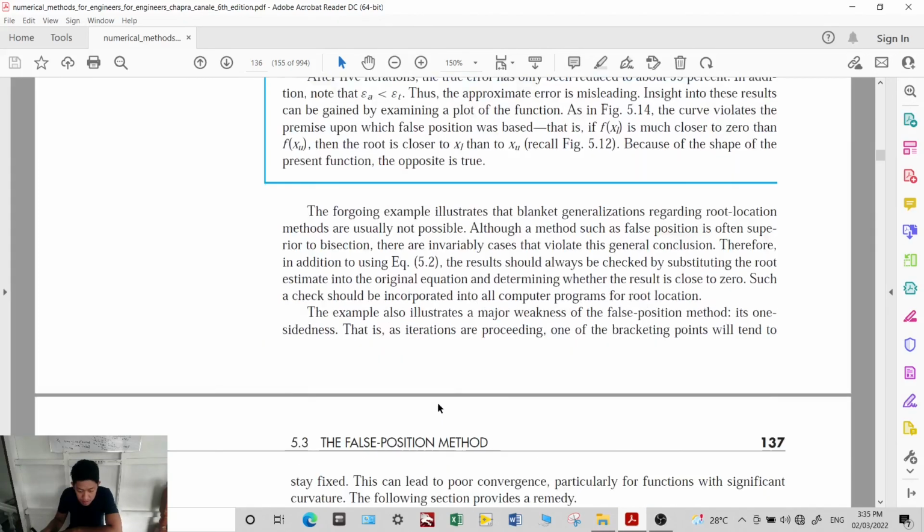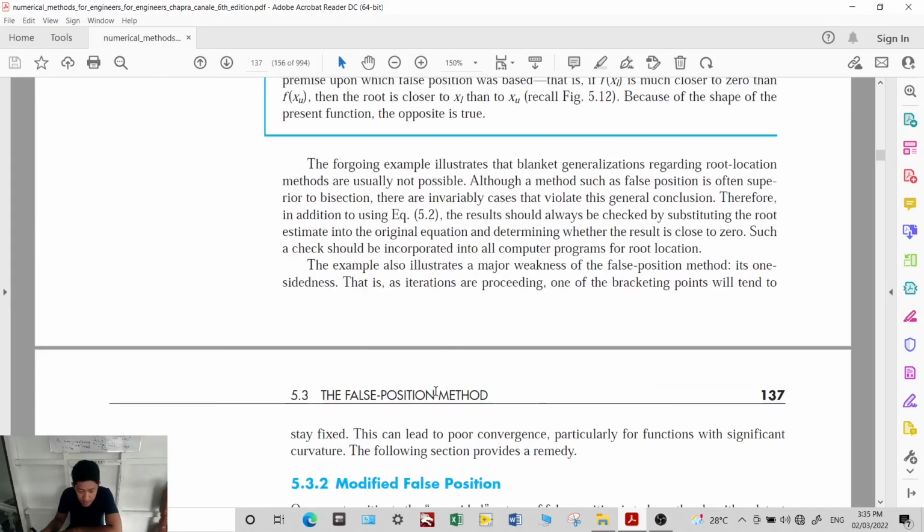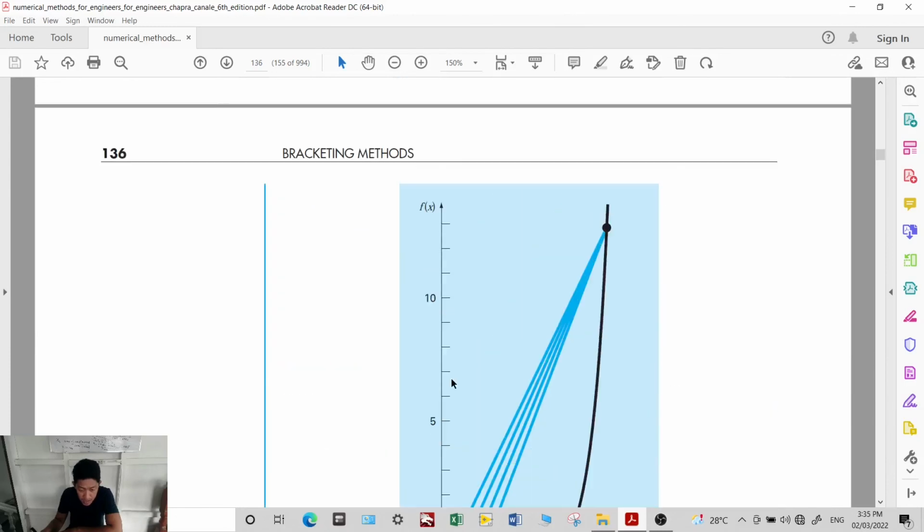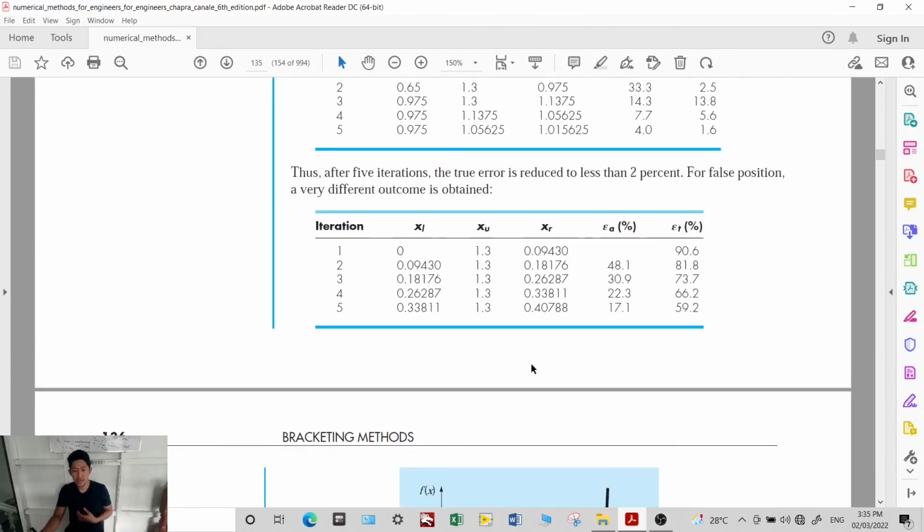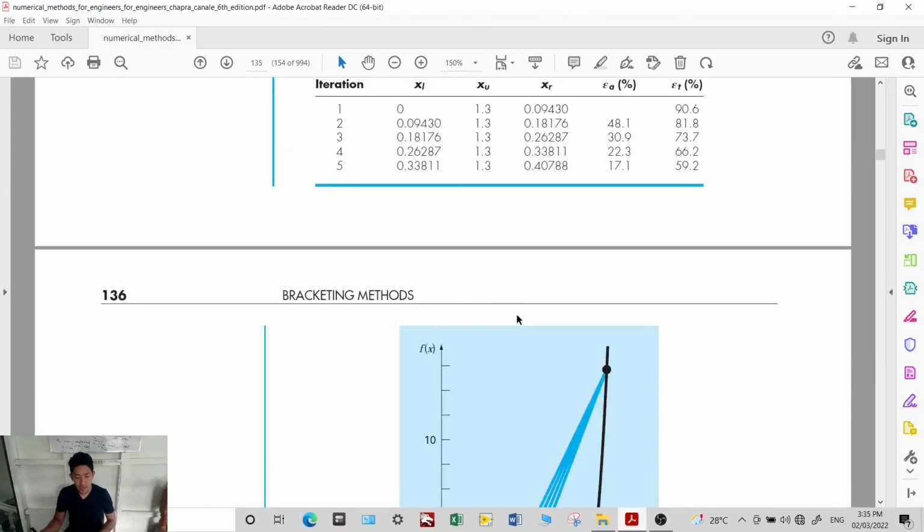So there are times when the bisection method is faster.